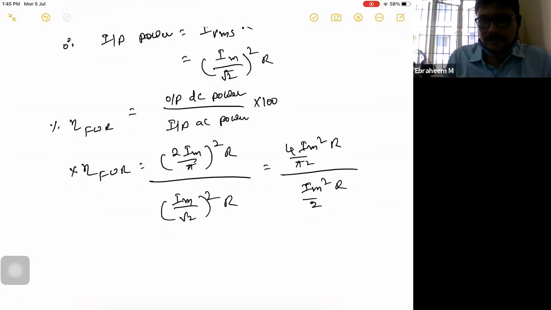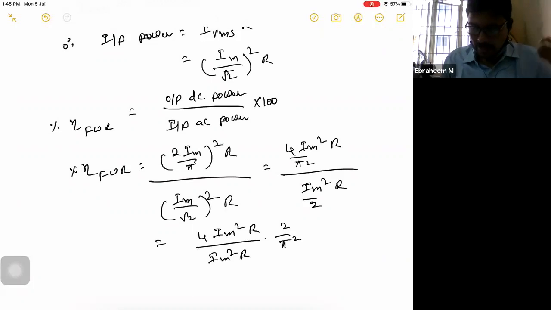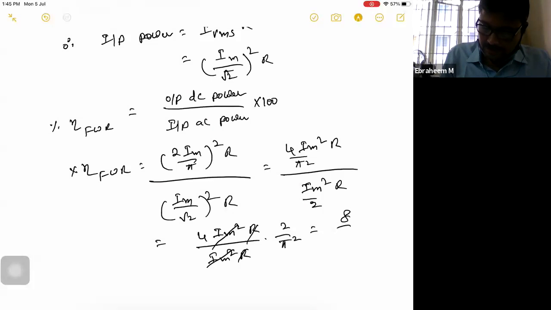So this is equal to 2 by pi square. R gets cancelled, I maximum square also cancelled. This is 8 by pi square.